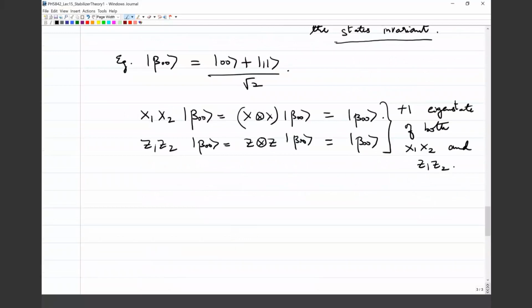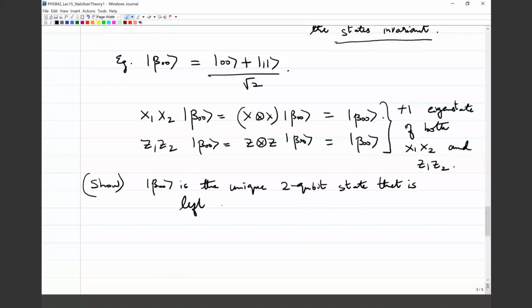So it turns out that you can show, and maybe I'll leave it for you to verify this, that this is the unique 2-qubit state that is left invariant under the action of both these operators, x1, x2 and z1, z2.